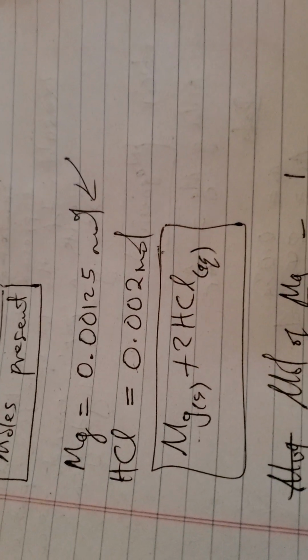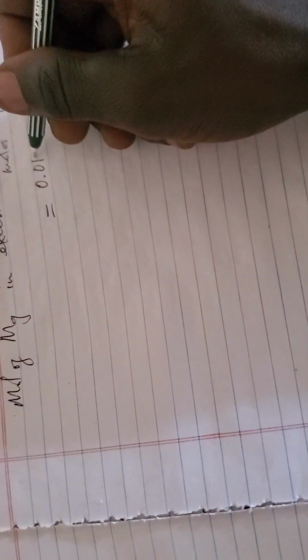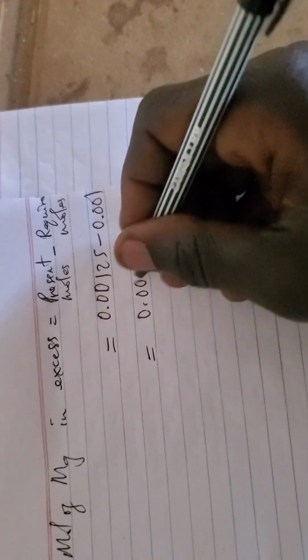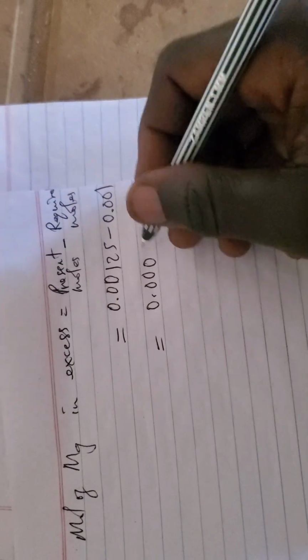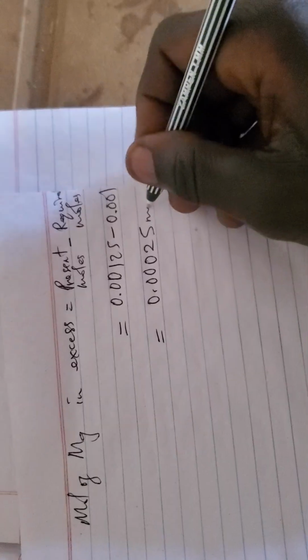We have 0.00125. Then how many are required? 0.001. From our calculation there, we can see 0, 0, 0, and here there will also be a 0, and then a 25 will remain moles. So these are the ones which are in excess.